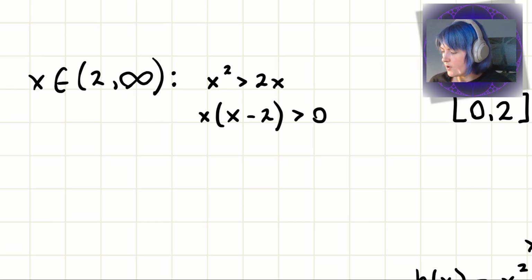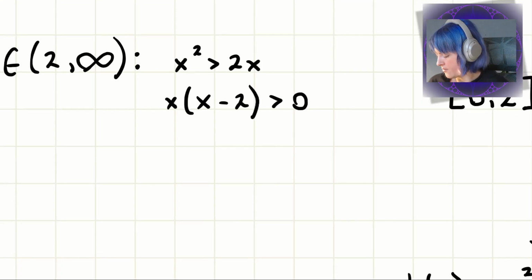In this case, when x is equal to 2, we can show that 2x is the minimum if we can show that the rate of change of x squared is greater than the rate of change of 2x. So that would be a good place to start.